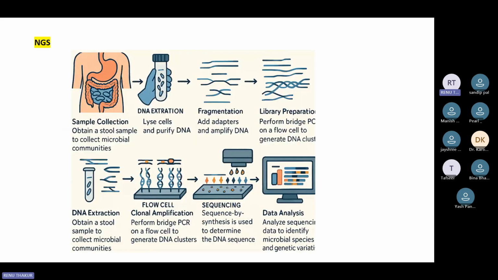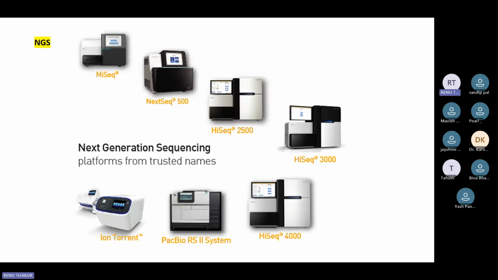So this is the overall workflow. I forgot to mention that I have also included in this PPT Ion Torrent and PacBio. All these are variants of different sequencers. More or less they look similar, despite having different brands.